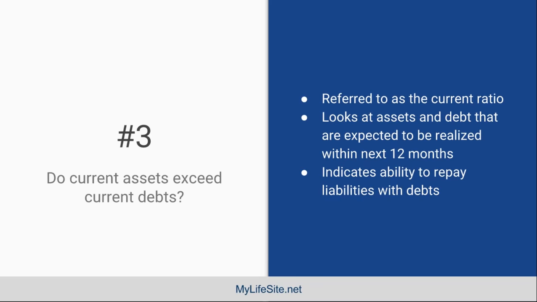So number 3, do current assets exceed current debts? The ratio of current assets to current debts is referred to as the current ratio. Current assets and current debts are those that are expected to be realized or paid within the next 12 months, so these are short-term assets and short-term debts.